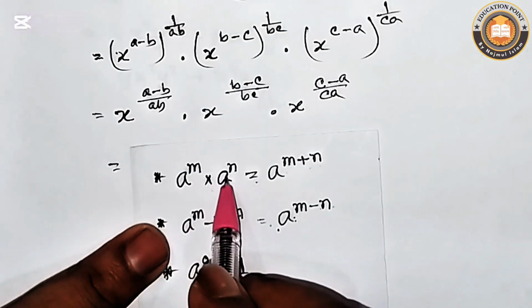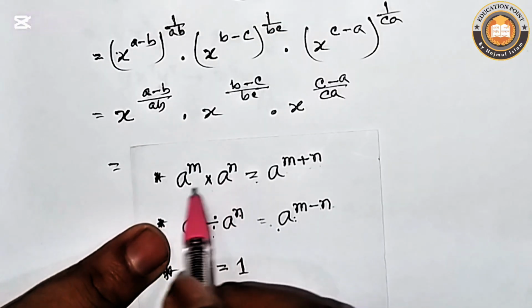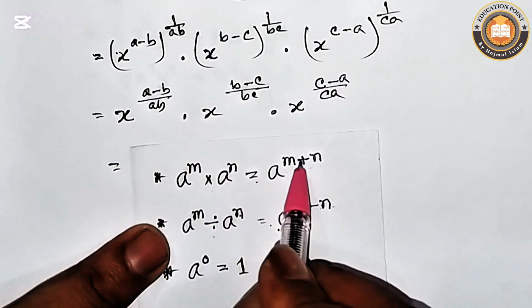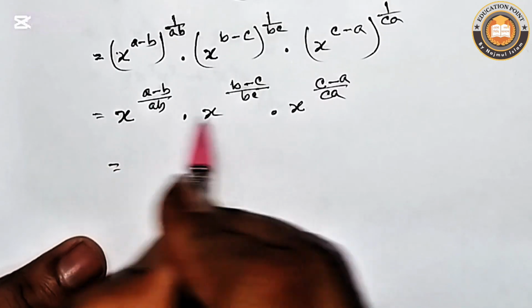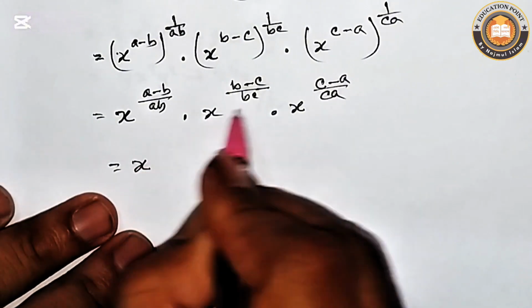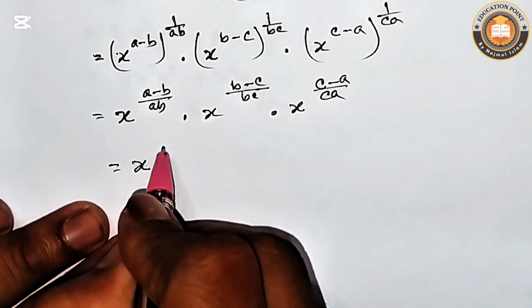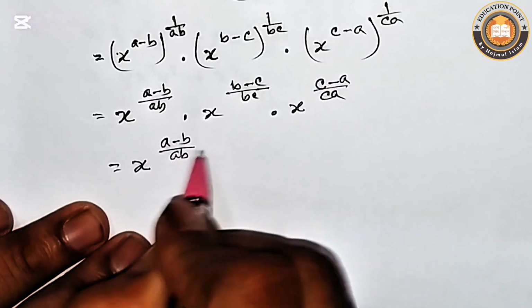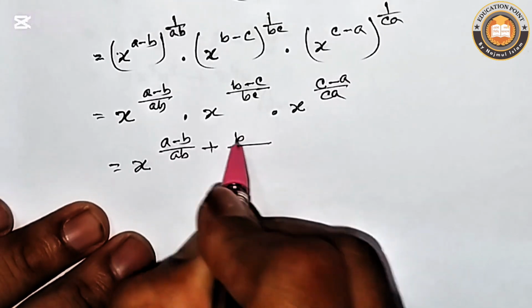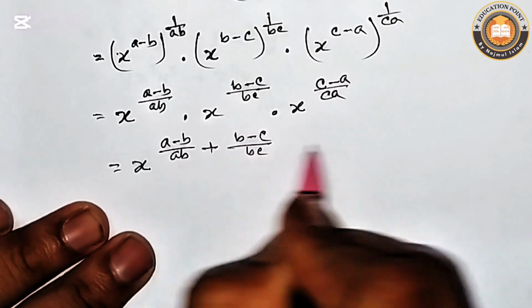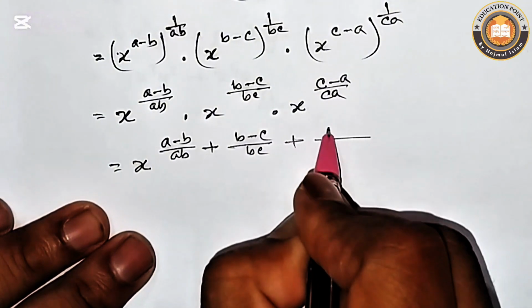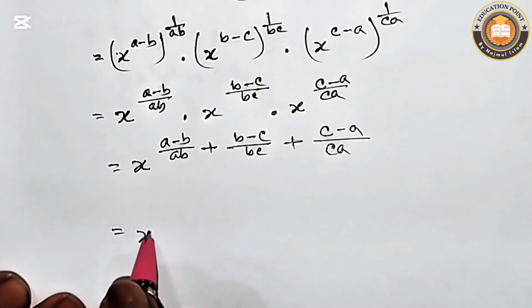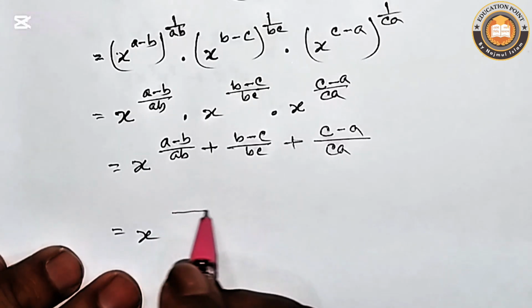Here we will apply the index law of multiplication. That means a^m into a^n equals a^(m+n). Here similar base x, so their powers will be added. So x to the power (a−b)/ab plus (b−c)/bc plus (c−a)/ca. Here base x.